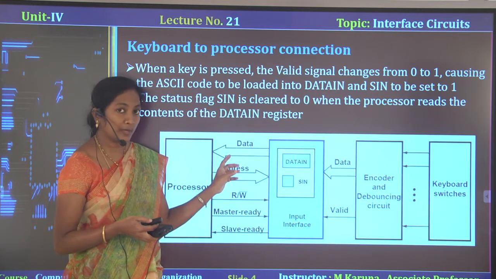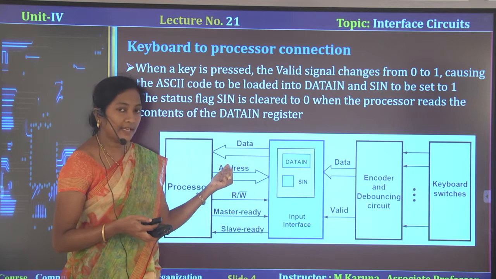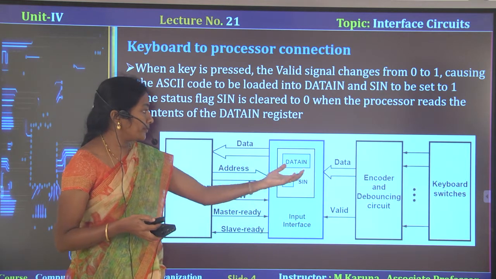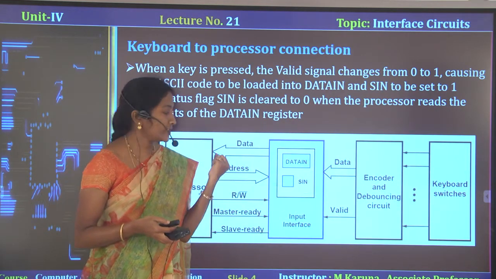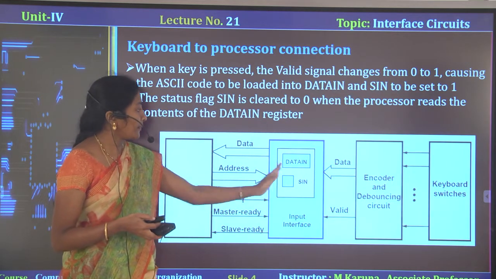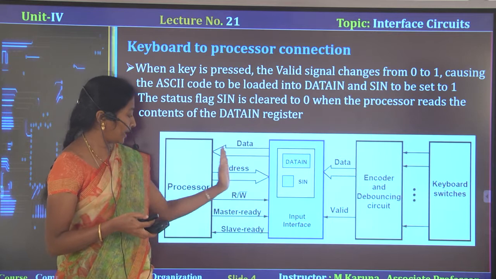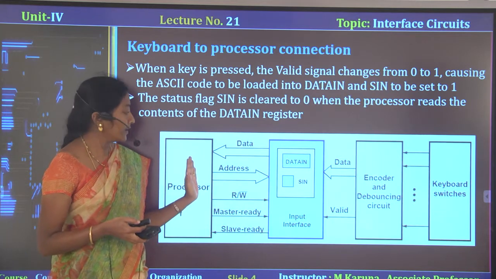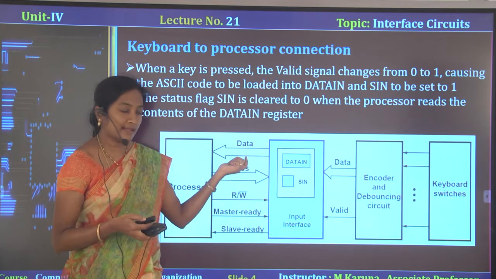The data bus is nothing but a group of lines which carry data bits. Because of the reading operation, the bus direction is this way: data is coming from the keyboard to the processor. To perform a read operation the direction of the bus is like this.